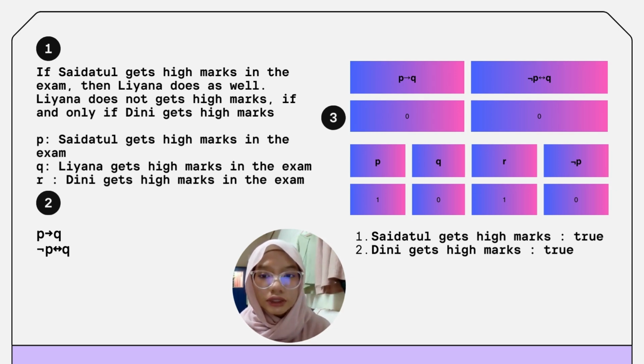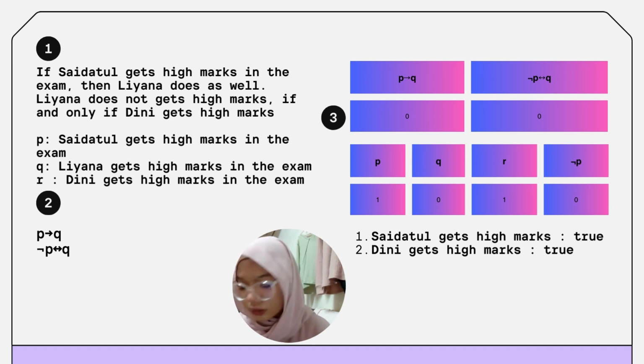In step 2, we use the logical connectives that I explained at first. P implies Q means if Saidatul gets high marks in the exam, then Liana does as well. And not Q biconditional R comes from the statement: Liana does not get high marks if and only if Dini gets high marks.